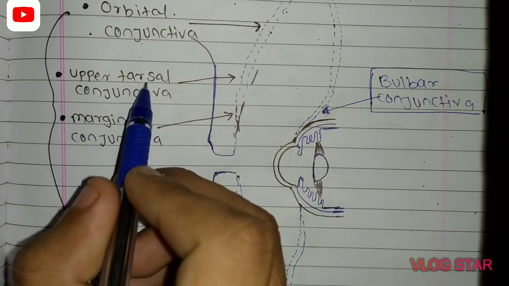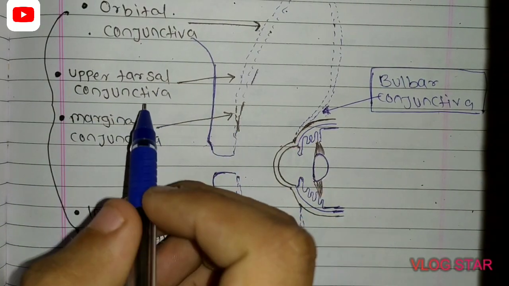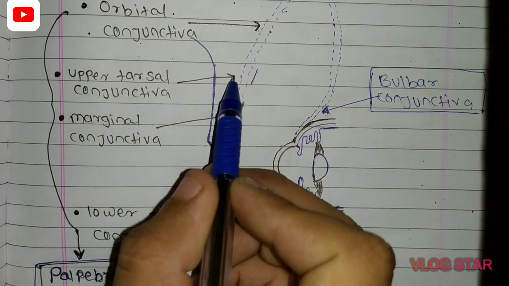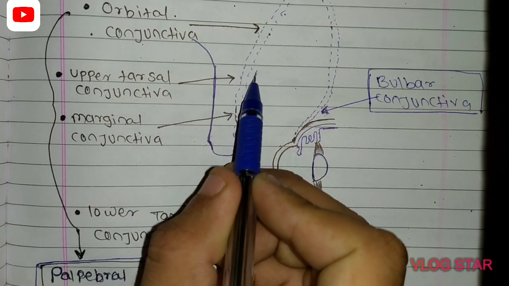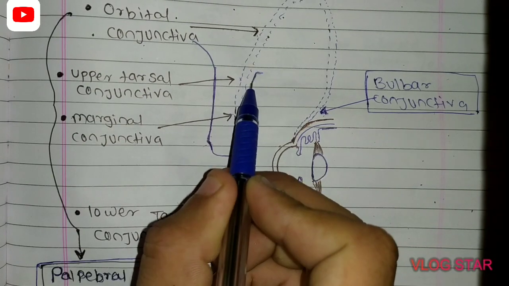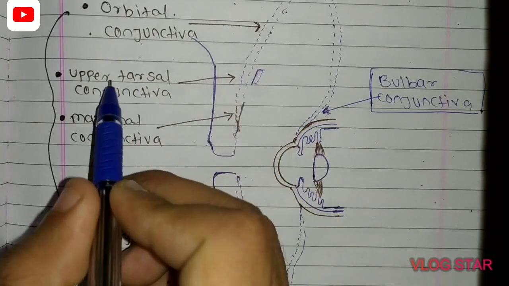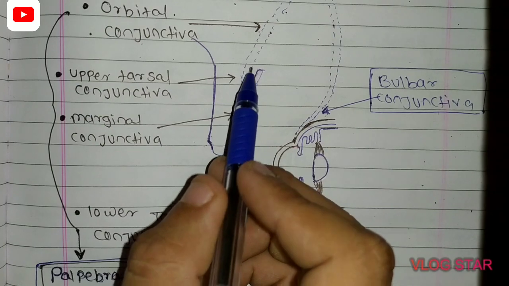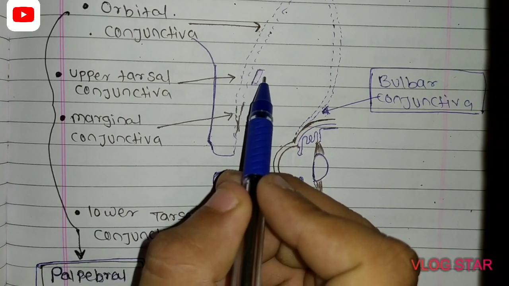Then I will talk about the upper tarsal conjunctiva and lower tarsal conjunctiva. This is the upper tarsal conjunctiva and this is the tarsal plate. This tarsal conjunctiva covers the tarsal plate.